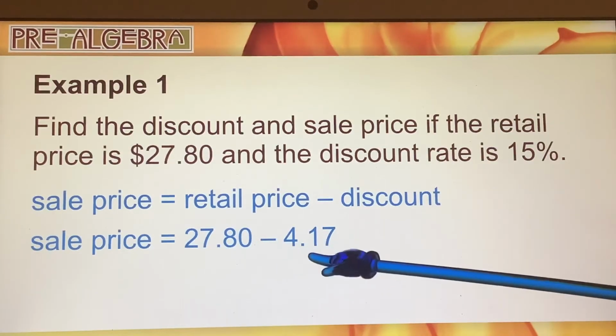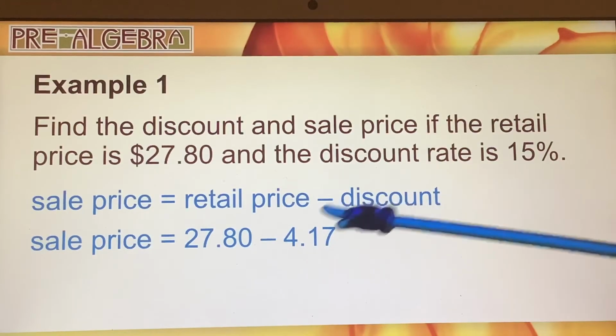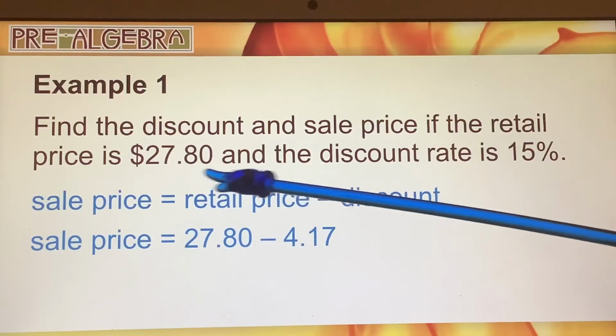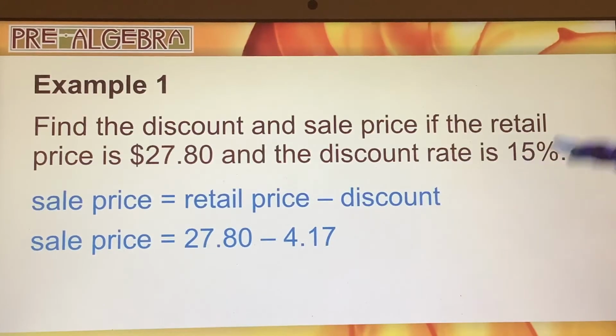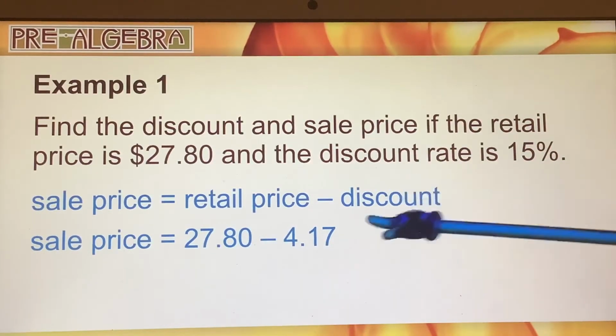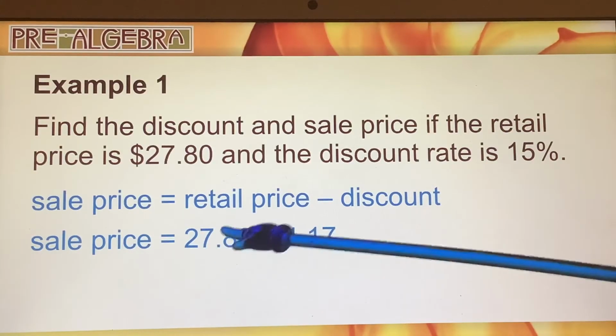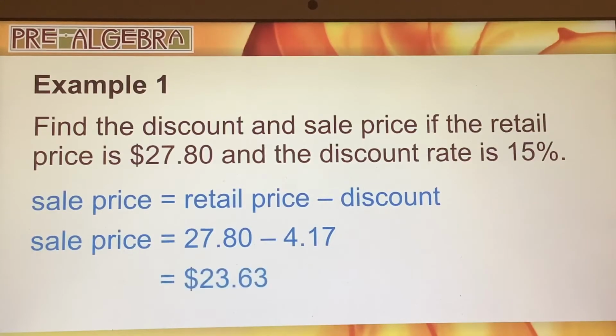You subtract the discount that we calculated earlier, $27.80 times the 15%, which was $4.17. So now you subtract the two amounts, and you get $23.63. That is your sale price.